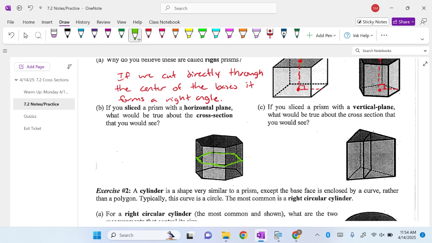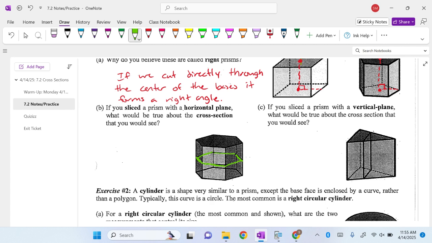So what's the base of this shape made up of? It's a prism. How many sides does that shape have? 6. A 6-sided shape is called a hexagon. There you go. Come on, guys. Elementary shapes. You got this. All right. So it's a hexagonal prism.